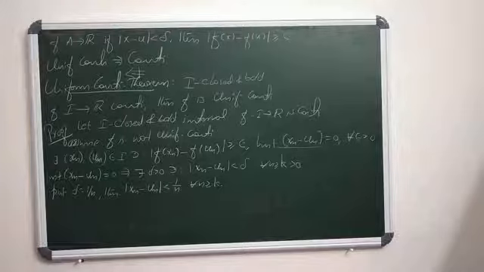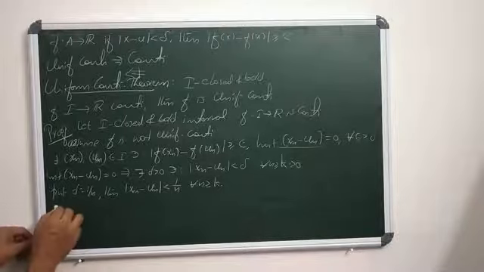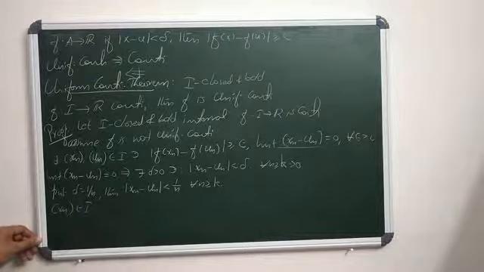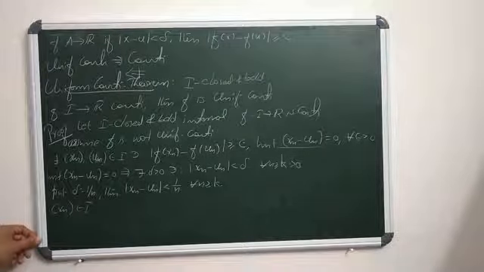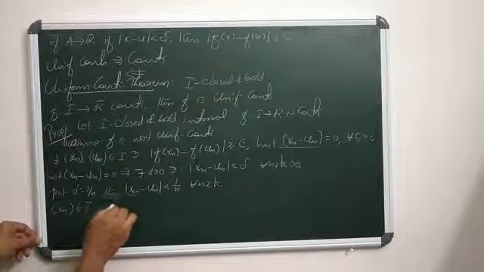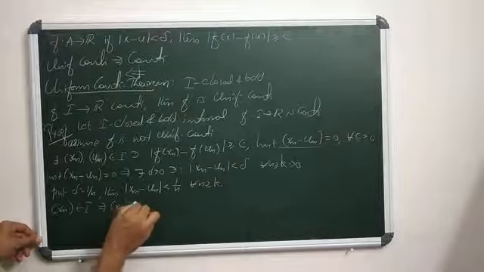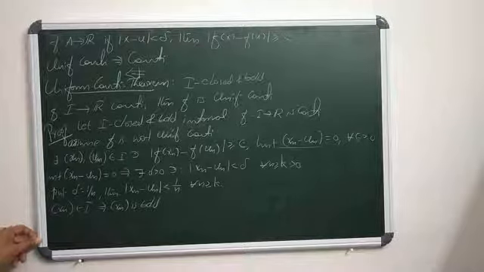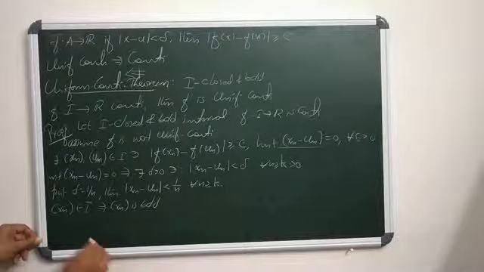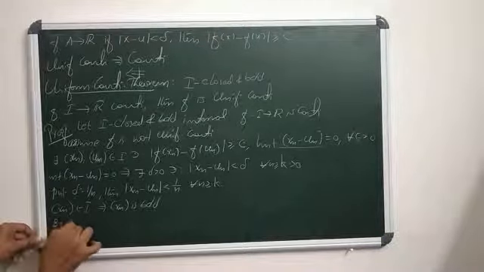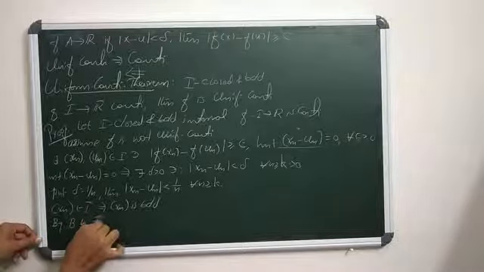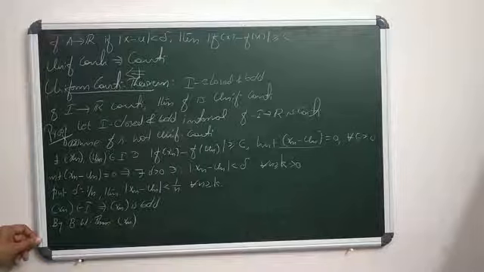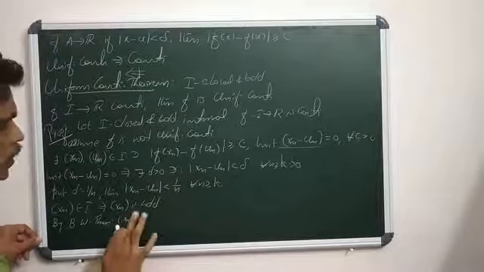Now listen, what is the sequence xn? Xn is in I. But what is I? I is a bounded interval, which means the sequence xn is bounded. So by the Bolzano-Weierstrass theorem, the sequence xn has a convergent subsequence.